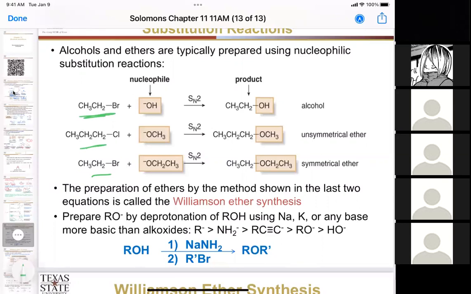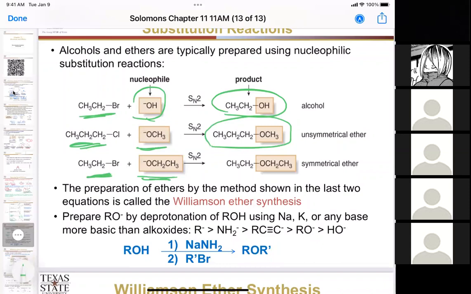So here we're going to do SN2 with these three nucleophiles to generate an alcohol if we use hydroxide, an ether, and this one's an unsymmetrical ether because we're using a propyl group on one side and methoxide as our attacking ion. And on this side, we can make symmetrical ethers. We have an ethyl group on the bromide side and an ethyl group on the alkoxide side, giving us symmetrical ethers.